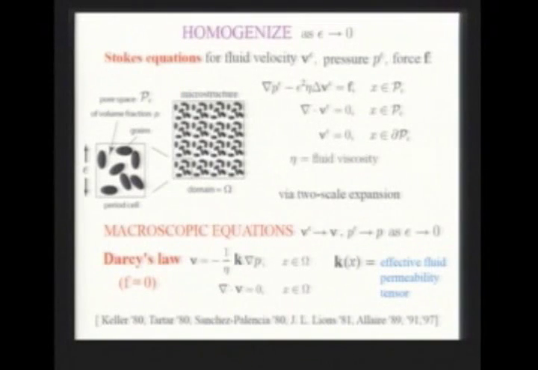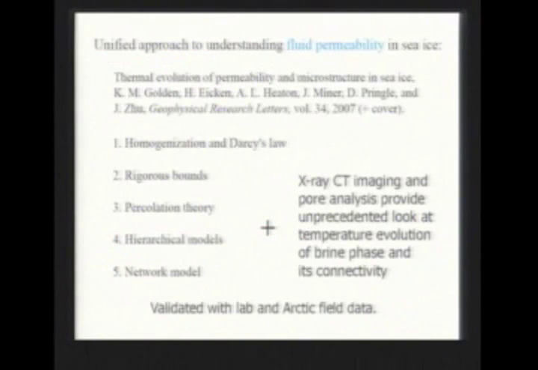We start with Stokes equations for fluid flow through a porous medium. Here with a length scale of epsilon, one does what's called a two-scale expansion, and then the macroscopic or averaged equations become Darcy's law, and that's how one derives this effective fluid permeability tensor, and ultimately this divergence-free condition for the average fluid velocity.